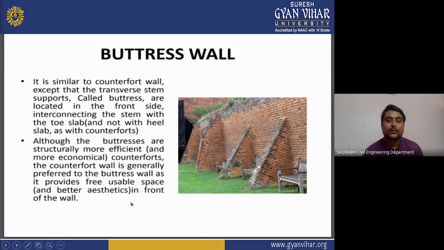Although buttresses are structurally more efficient than counterforts, the counterfort wall is generally preferred to the buttress wall as it provides free, unobstructed space in front of the wall. As you can see, this is an image of a buttress wall, which can also prevent the soil which intends to come on this side.